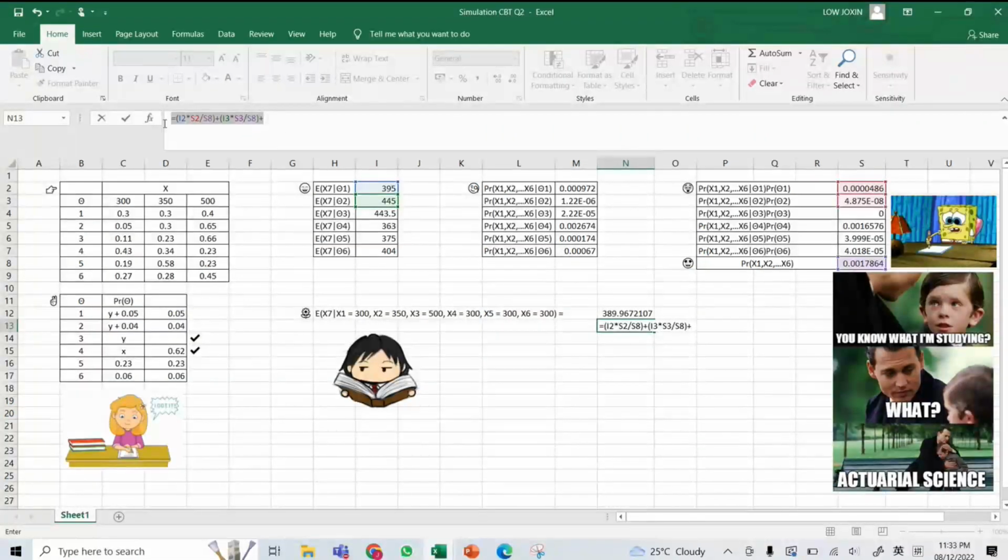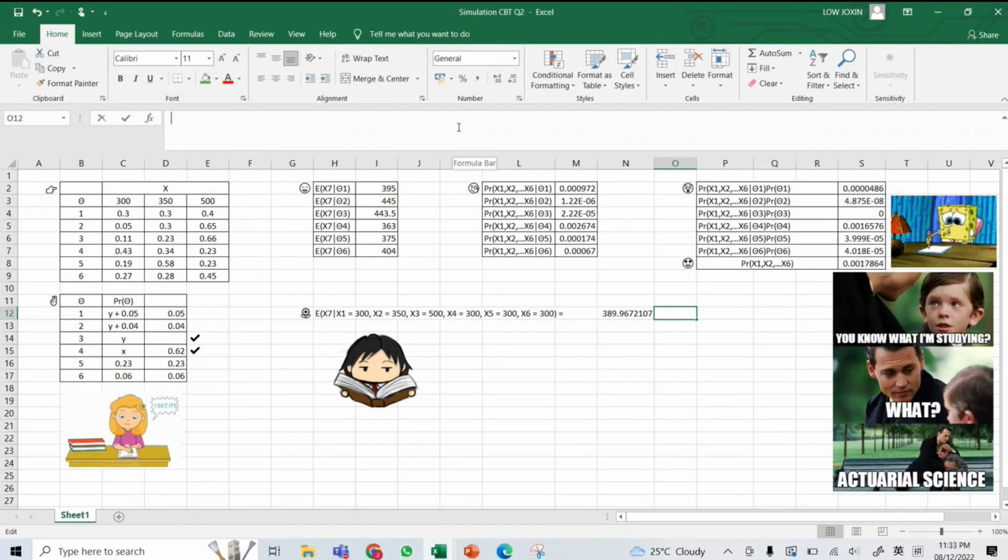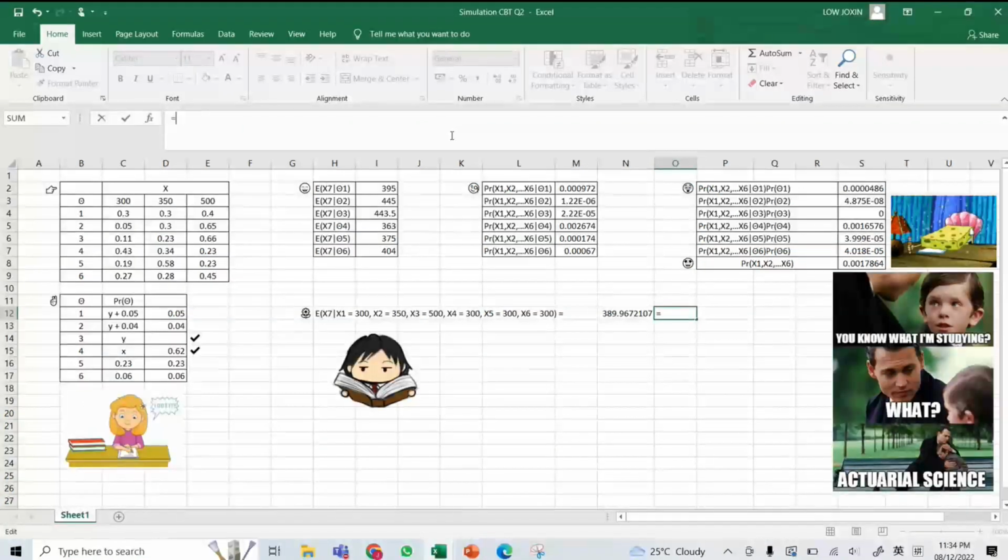Alternatively, if we don't want to type one by one, we can do it like this. We multiply this with the probability over the total. The total is actually 1 over C, which means multiplying C, so dividing by this probability.